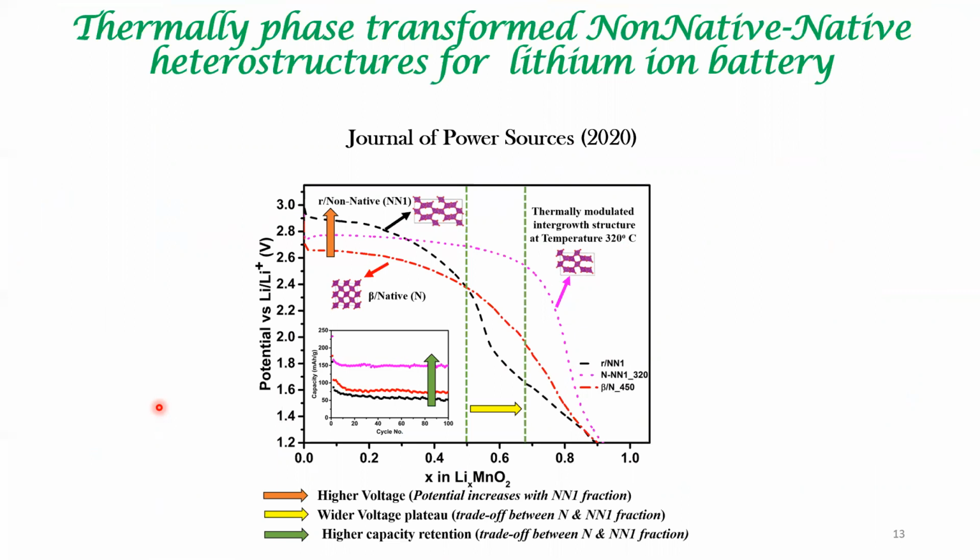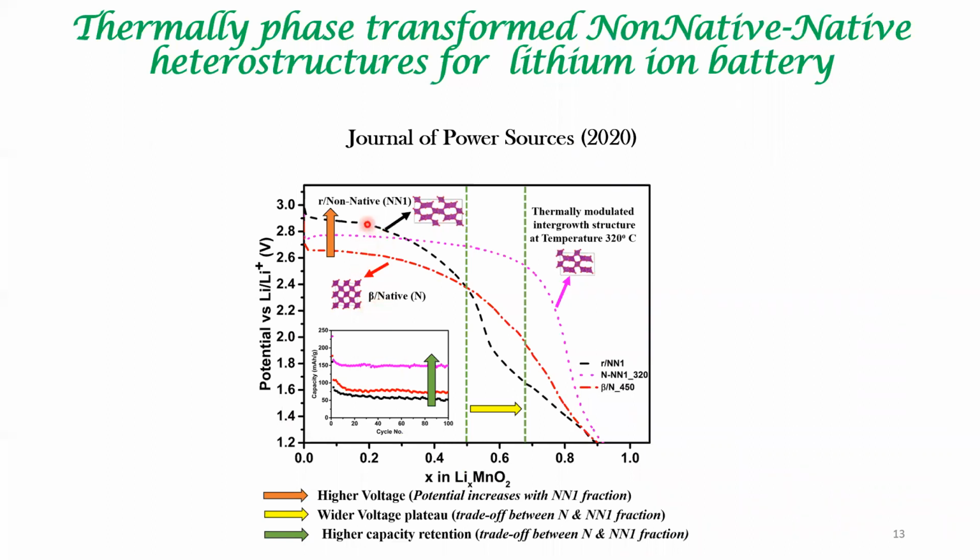we have improved the cathodes of a lithium-ion battery. Here we show three important aspects: higher voltages, wider voltage plateau, and higher capacities. Here we are showing the native structure.